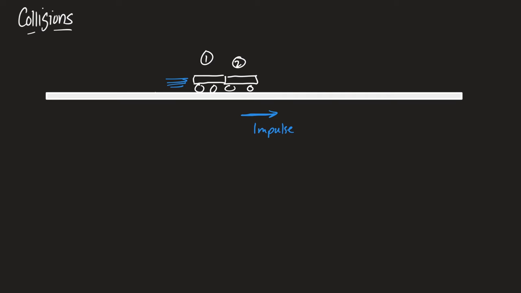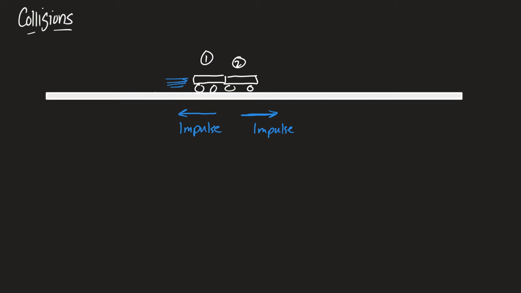No big deal there? Everybody follow that okay? Well, by Newton's third law, car 2 pushes on car 1 to the left. So there must be an equal and opposite impulse on car 1 from car 2. This is Newton's third law.